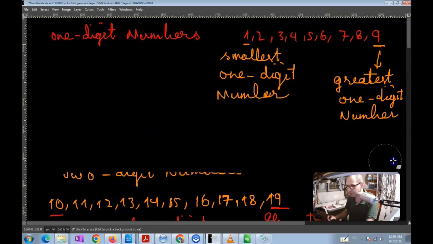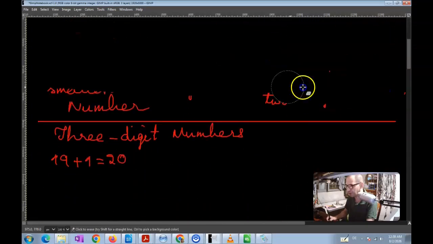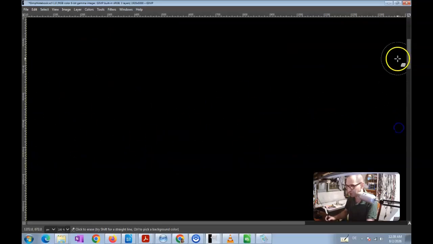Now we can expand the number system that we have. In order to expand this number, of course you need to move forward.